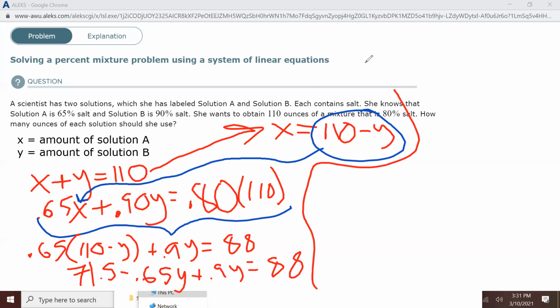Now we can combine like terms. And finish solving for y.